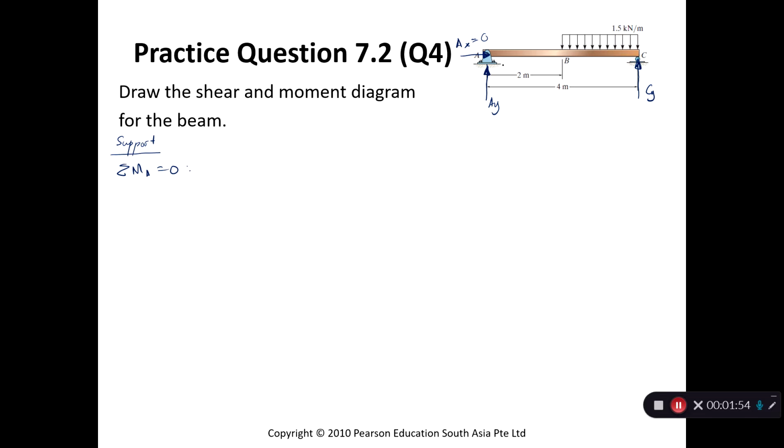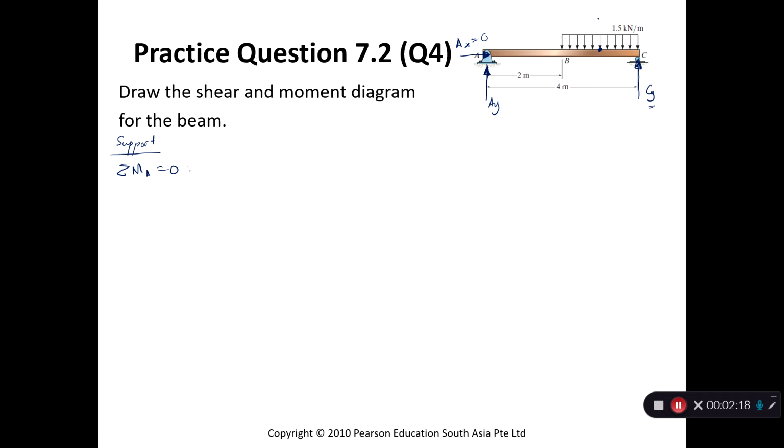Okay, so to calculate moment about point A, we have two forces here. One is CY and one is the distributed load. So what's going to happen to the distributed load is it's going to be considered as a concentrated load.